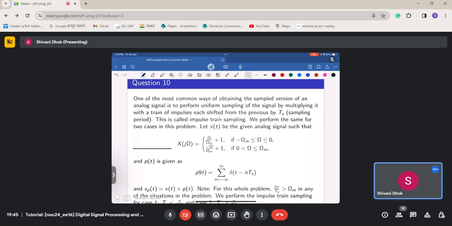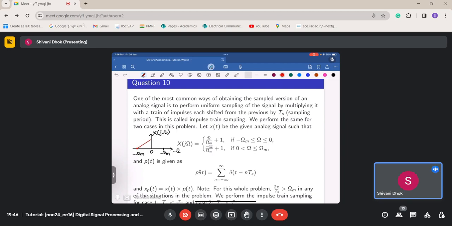This is the omega axis, this is 0, this is X(jω), this is ωm, this is minus ωm. From minus ωm to 0, it is ω/ωm plus 1. So at ω equal to minus ωm, this will be minus ωm upon ωm, that is minus 1, so minus 1 plus 1 is 0. At ω equal to 0, this will be 1.